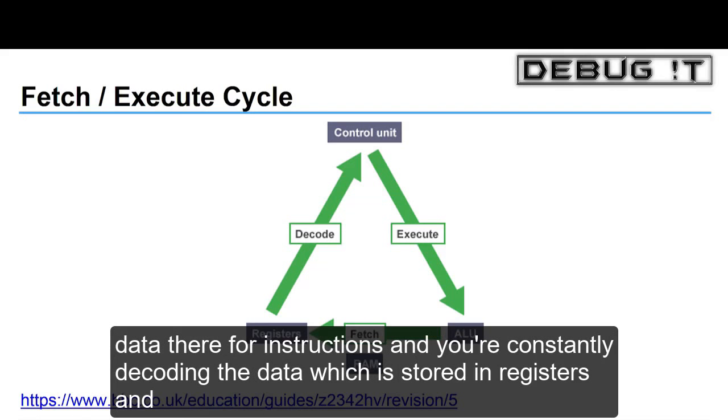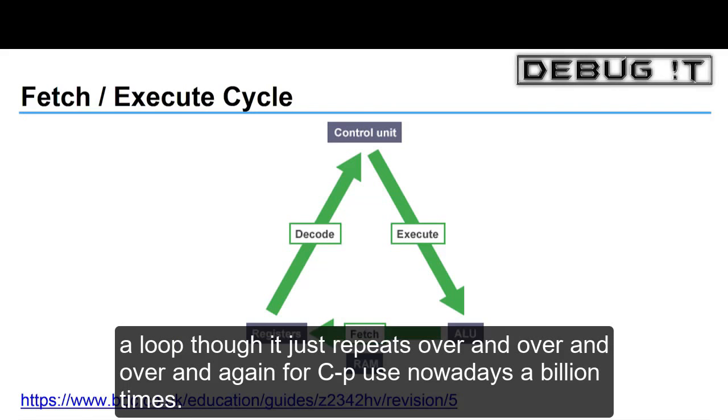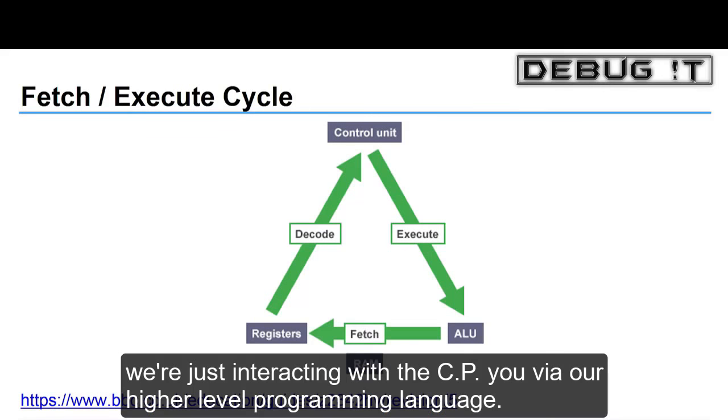You're grabbing data there for instructions, and you're constantly decoding the data, which is stored in registers, and then executing it on different parts of the CPU, either the control unit or the ALU. It's a loop, though. It just repeats over and over and over. And again, for CPUs nowadays, you get 1 billion times a second. So when we talk about writing C programs, at the very low level, underneath everything, we're just interacting with the CPU via our higher level programming language.